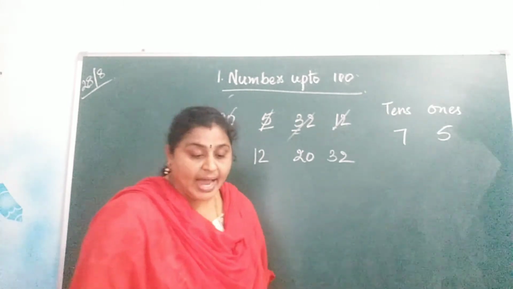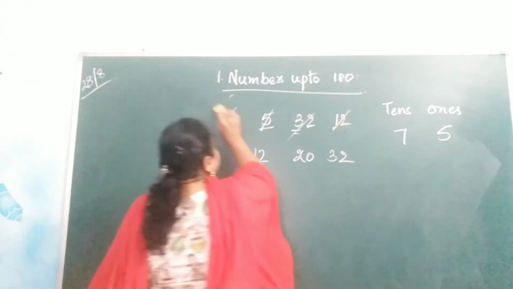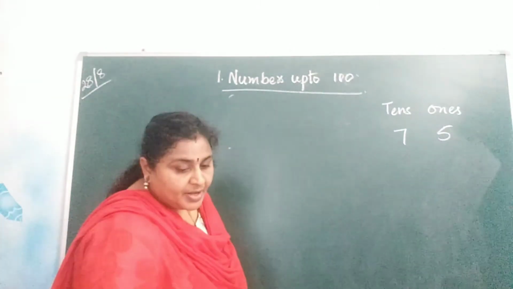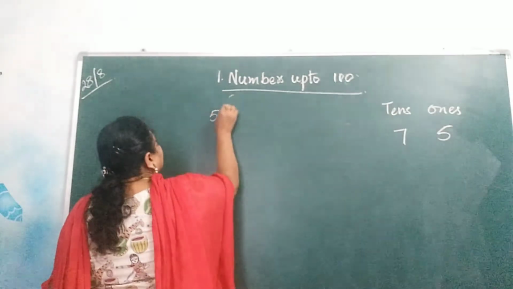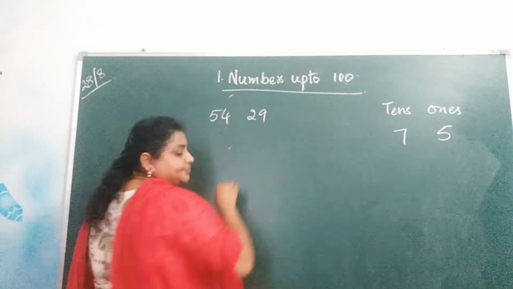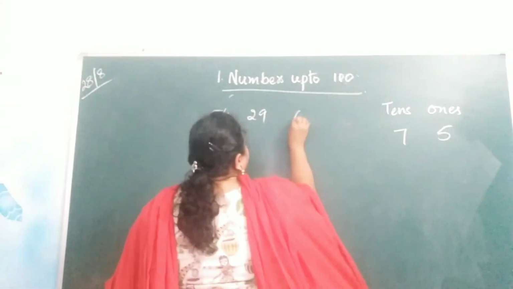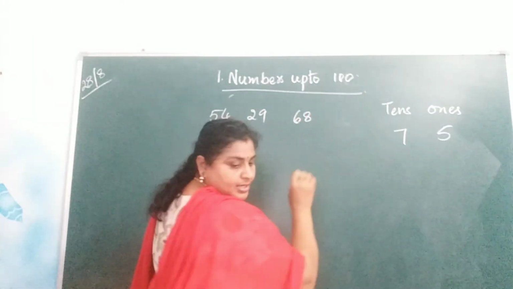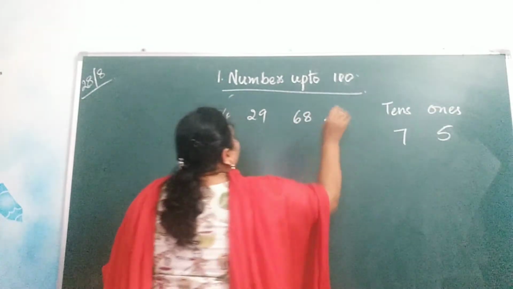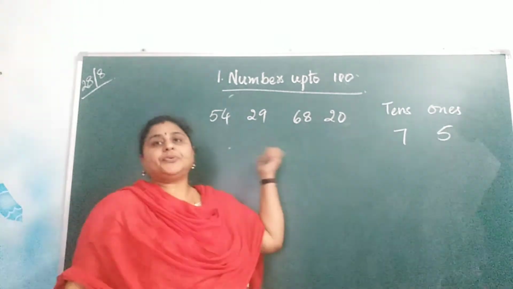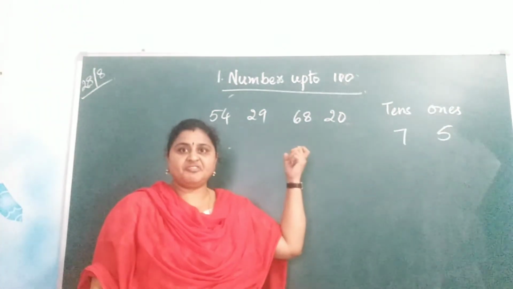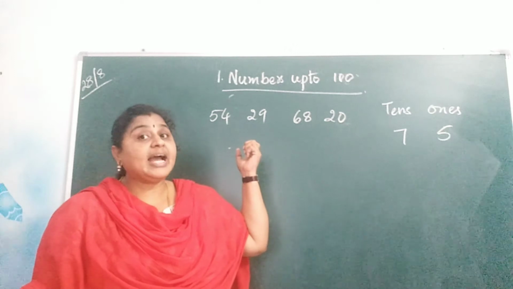Let us look into another example, children. So we have 54, 29, 68 and 20. Now, whenever you have a problem, whenever you have a bunch of numbers, first what did I ask you to do?